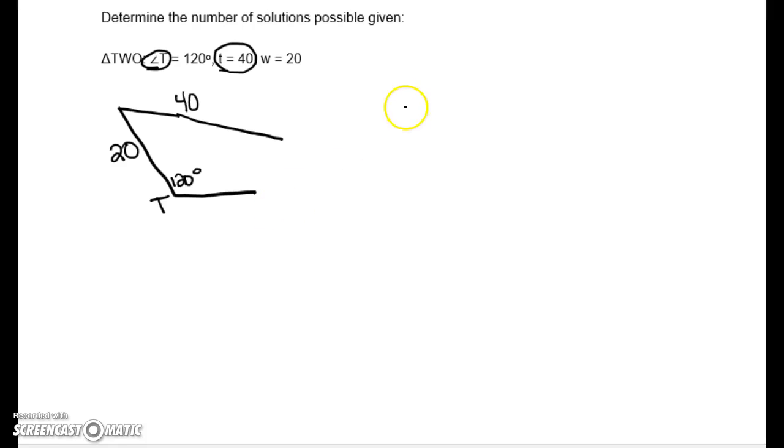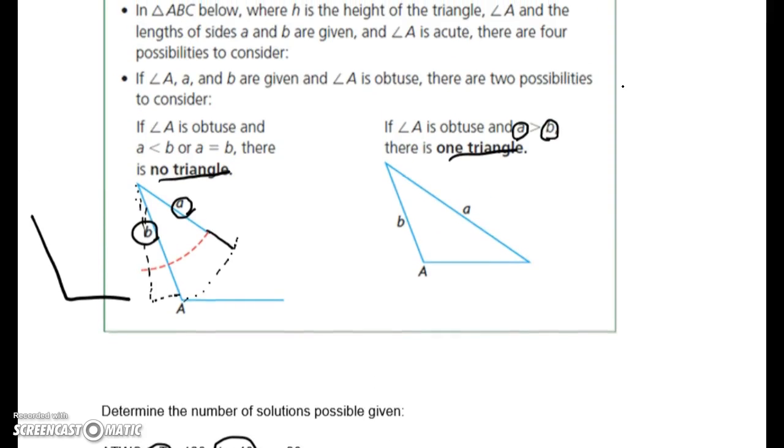So once we've got that cleared up, then what we have to do is compare the side that is opposite your angle to the side that's adjacent. So you ask yourself, well, what is 40 compared to 20? Well, you would say that side T, or 40, is greater than 20. So if you go back up to your little cheat sheet here at the top, if your side that's opposite your angle is greater than your side that is adjacent, there is one triangle possible.